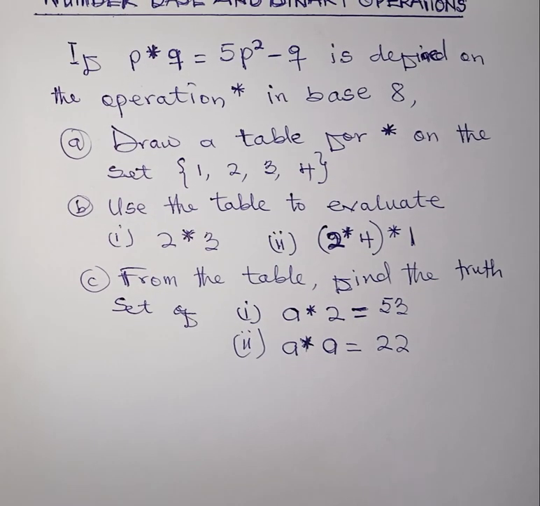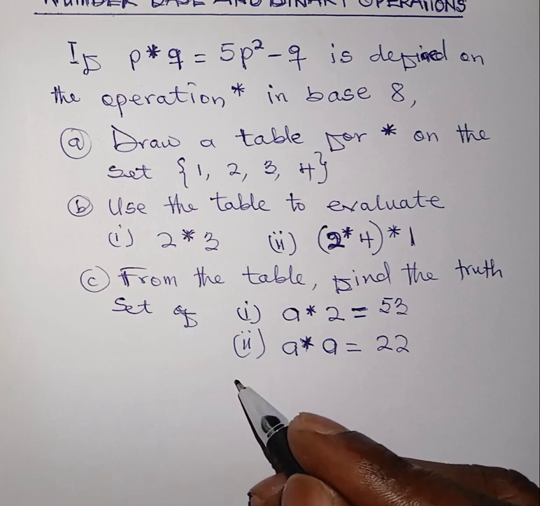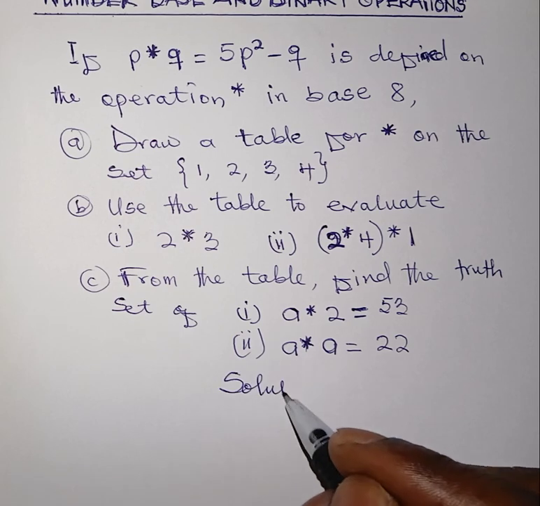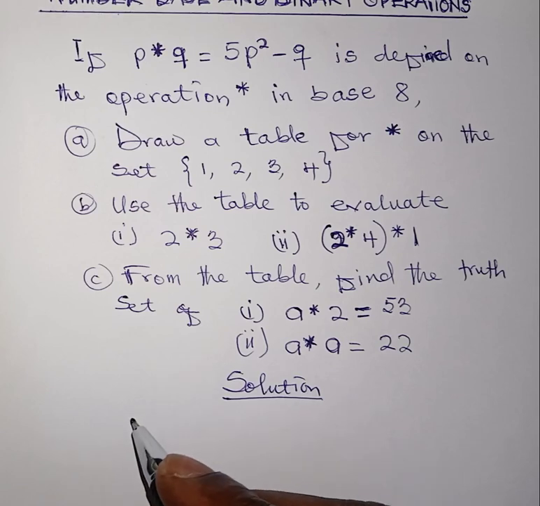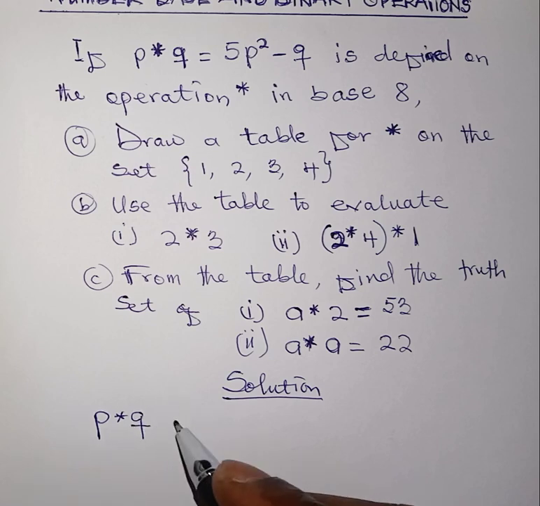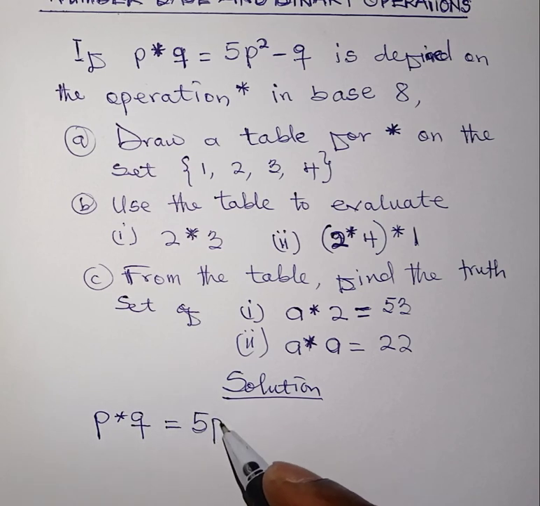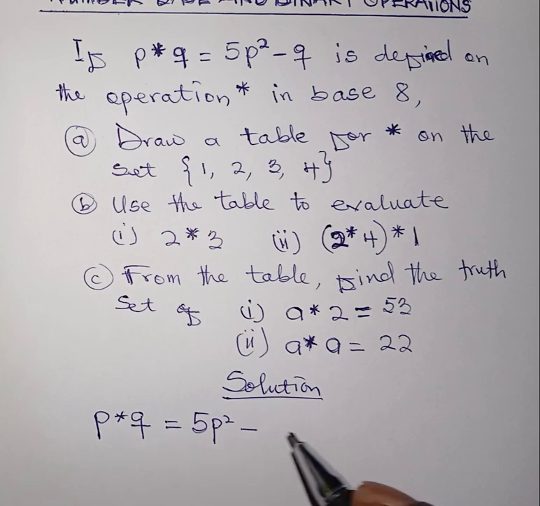First of all, we know that this is the rule given: P operation Q is equal to 5p squared minus Q. Good.